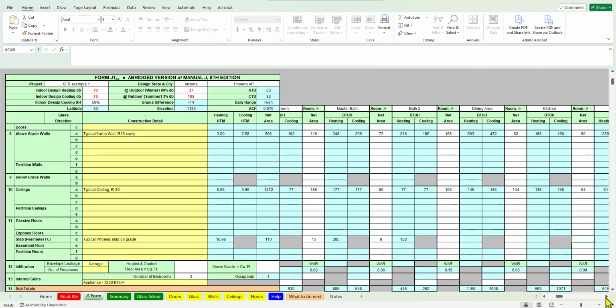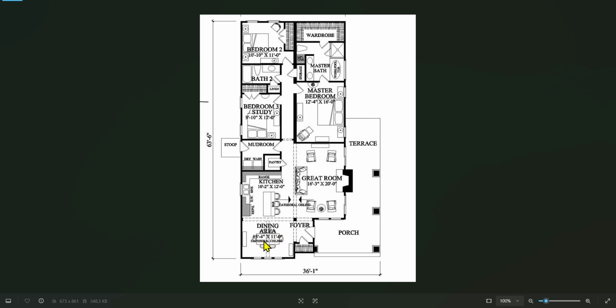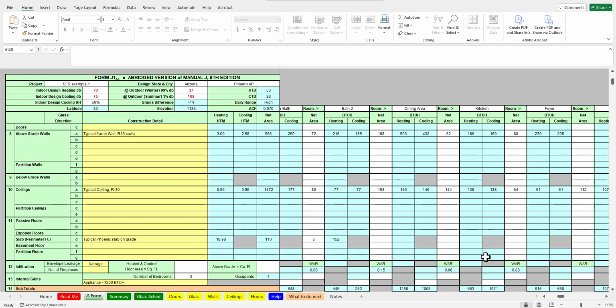I just need to move the spreadsheet over. So the dining area has 13 1/3 plus 11. So equals 13.33 plus 11.